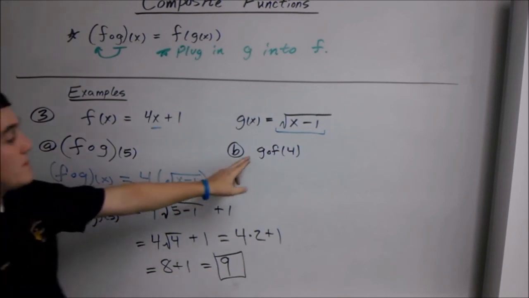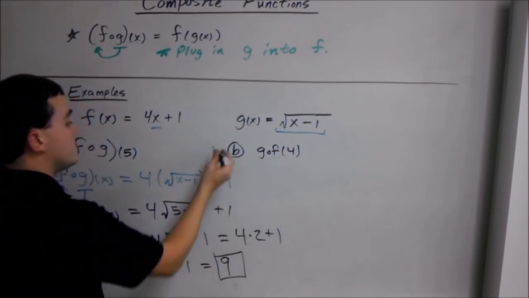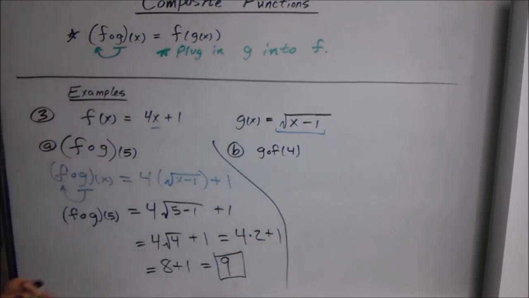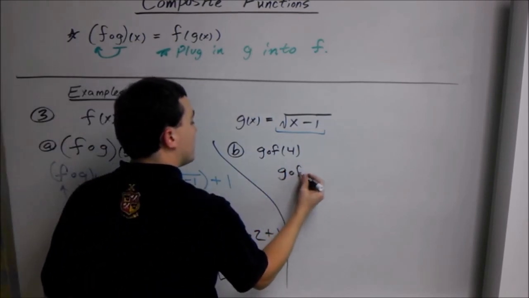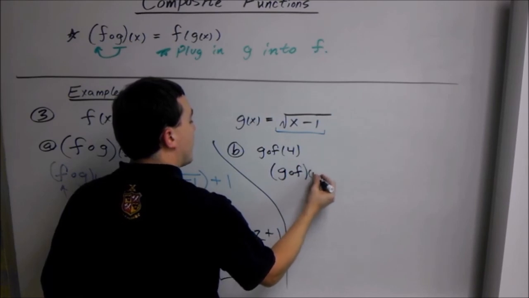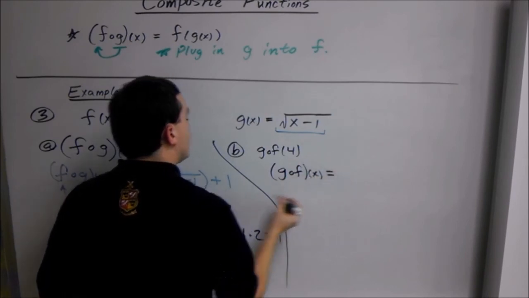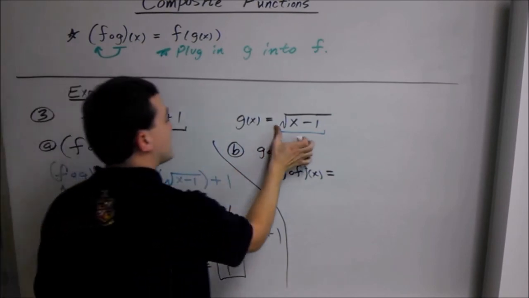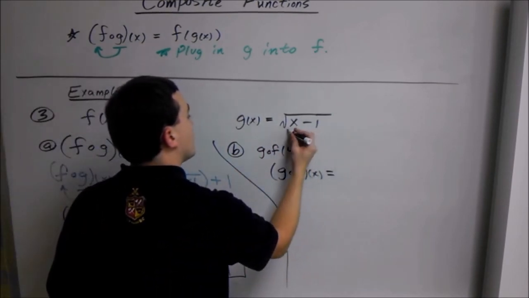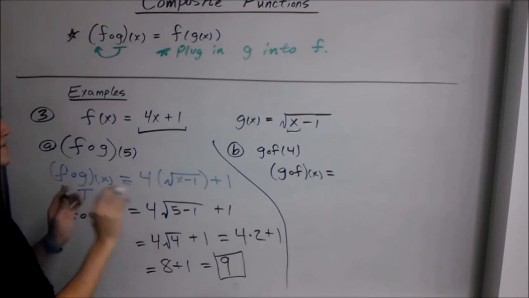And say it wants us to find g of f of 4. So first we have to find what g of f of x is. G of f of x is just plugging in our f function into the x's in the g function. So our f is just going to replace the x there. Everything else stays the same.